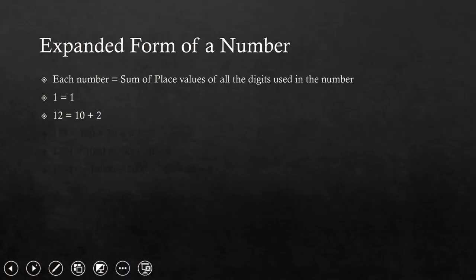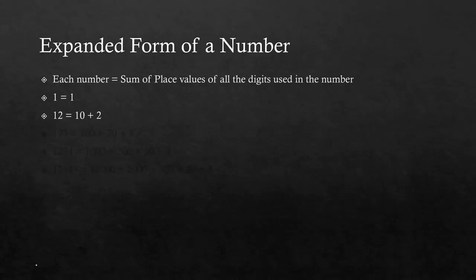If I ask you to write the expanded form of a single digit number, let's say 1, there is only one digit in number 1, and the face value of this 1 is 1. At the same time, the place value is also 1. So the expanded form of 1 is just equal to 1.